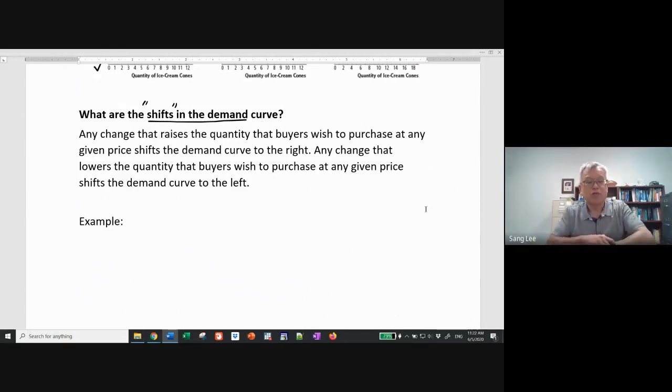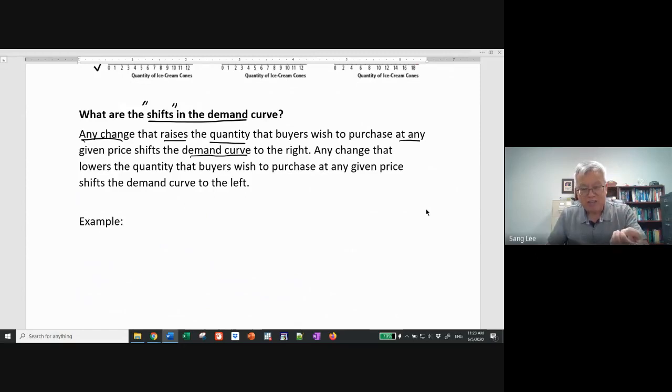Well, if we use a graph, we can have a much better, clearer understanding of shifts in demand. It says any change that causes buyers to buy more at any given price, then the demand curve shifts to the right.